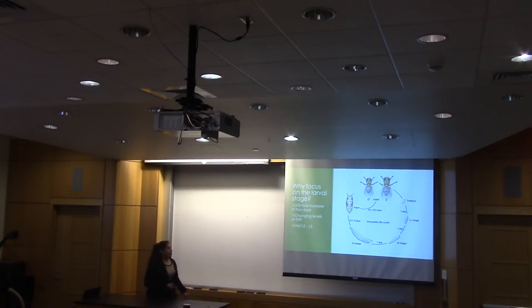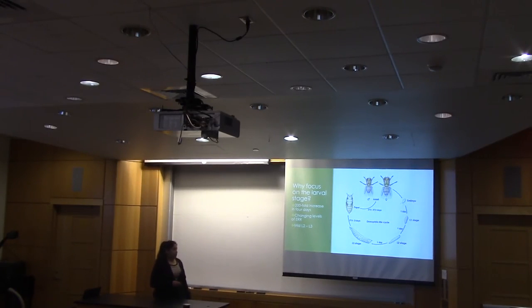So why did I focus on the larval stage? Well, the larval stage starts from the time it hatches from its embryo, and it has a 200-fold increase in size. This is incredibly big compared to its adult stage, where it has minimal to no growth. So this is where we suspect a lot of changing in ERR levels.